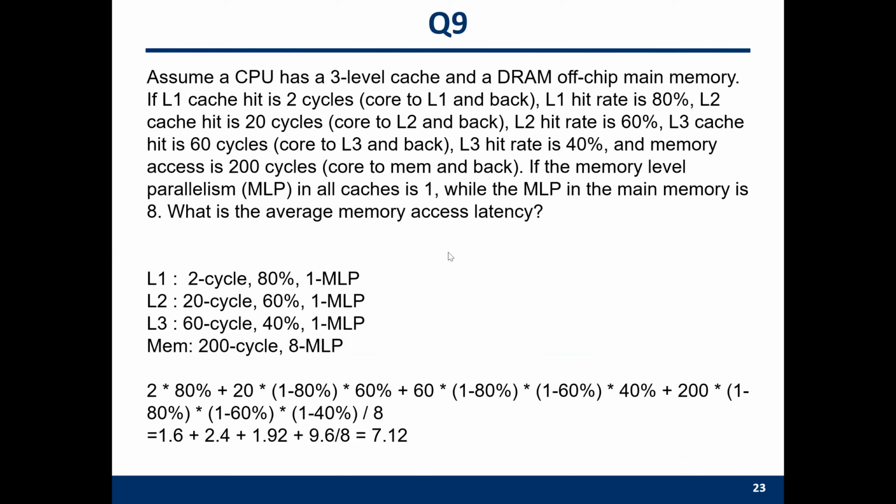So question 9 is also about average memory access latency. We consider the memory level parallelism. How to consider the memory level parallelism? You just divide by the memory level parallelism.